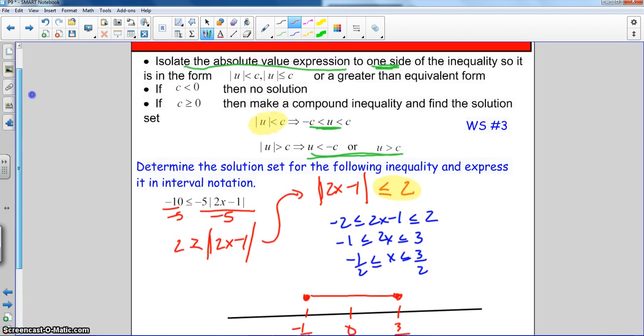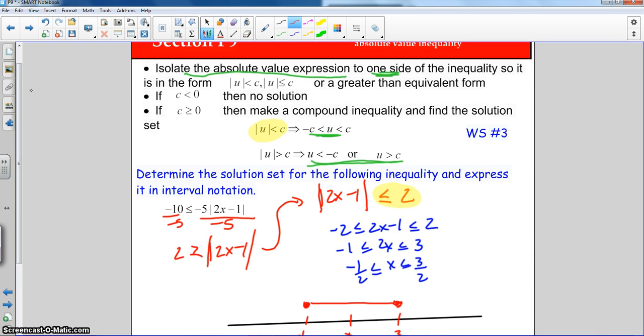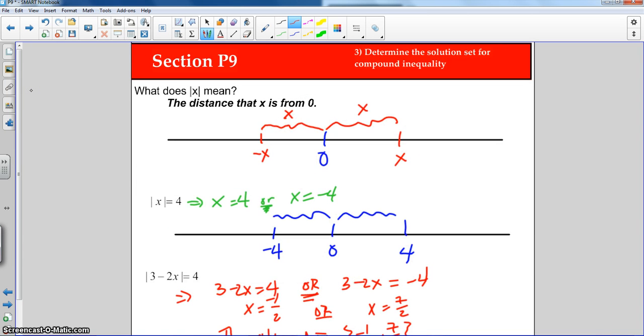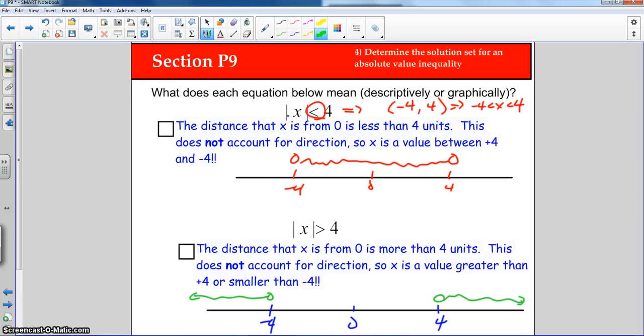So what did I do here? Well, in this video we talked about the absolute value representing the distance that the quantity inside, x in this case, is from 0. We went through a couple examples, and then we talked about inequalities with absolute values.